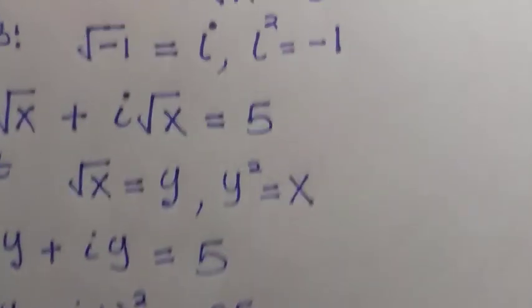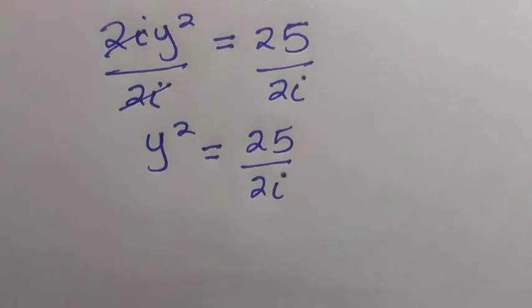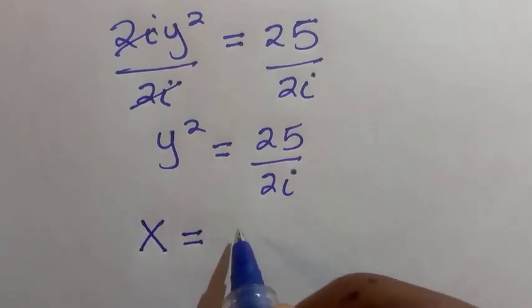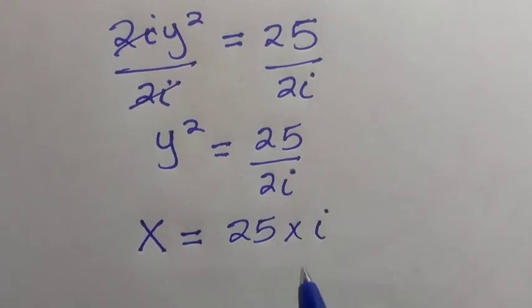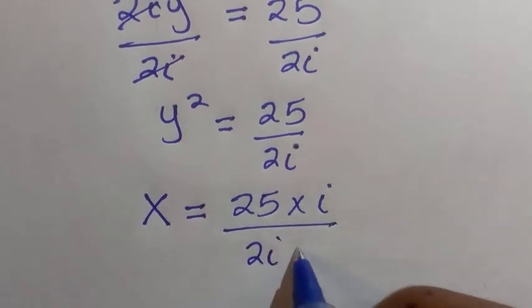Now we can recall that y square equals x, because what we need is x, not y. Then we have 25 multiplied by i, because we don't want i at the denominator. We need to rationalize this.